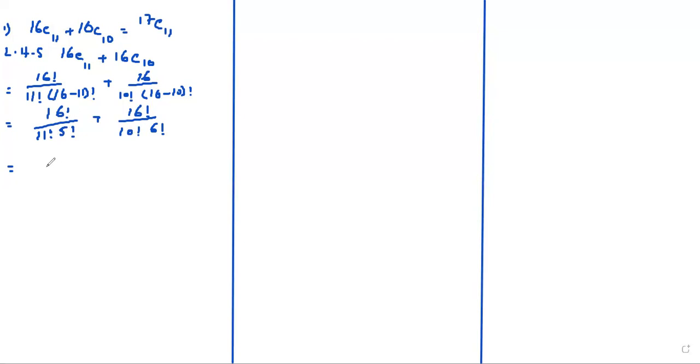From the numerator, we can take 16 factorial common. From the denominator, 10 factorial and 5 factorial. From 11 factorial, you get 1 over 11, and plus 1 over 6, because we have taken 5 factorial common.